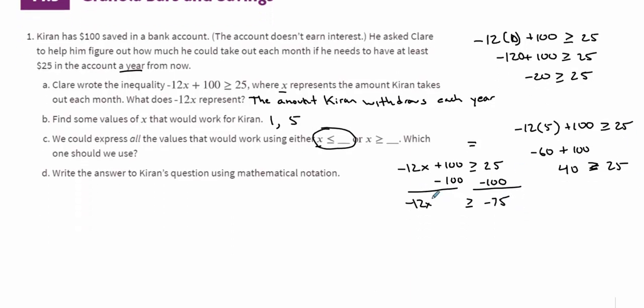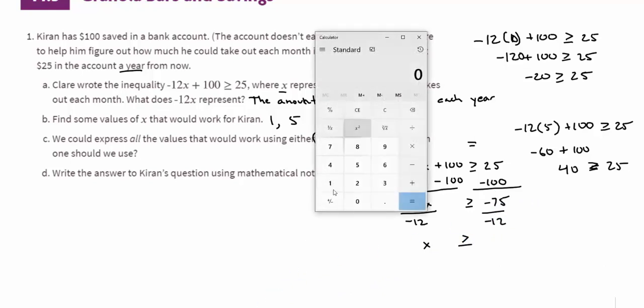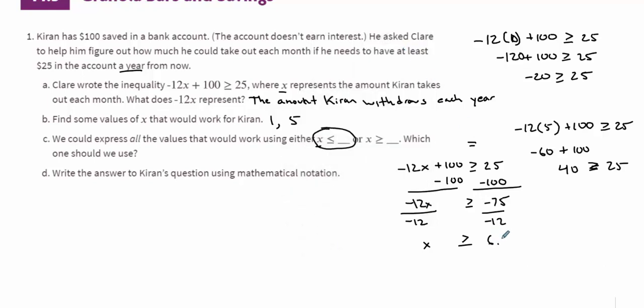Now I'm going to divide by negative 12, so I have x is greater than or equal to a negative divided by a negative is a positive, and 75 divided by 12 is 6.25.